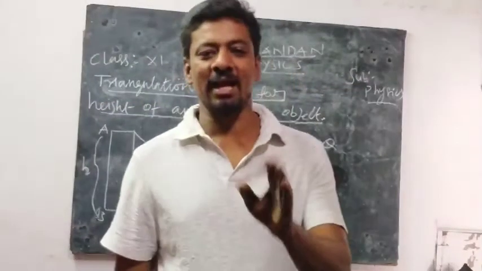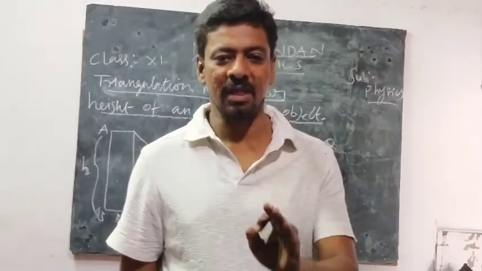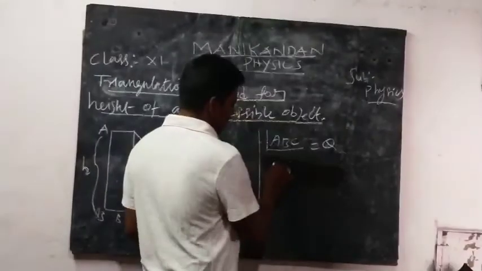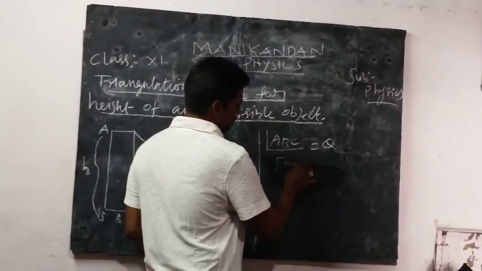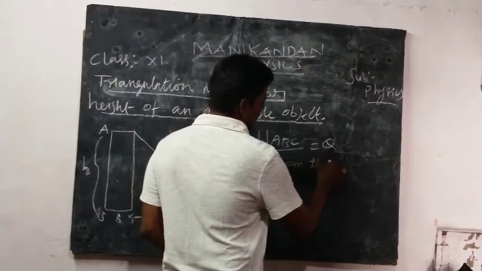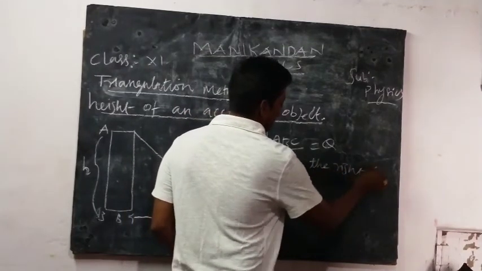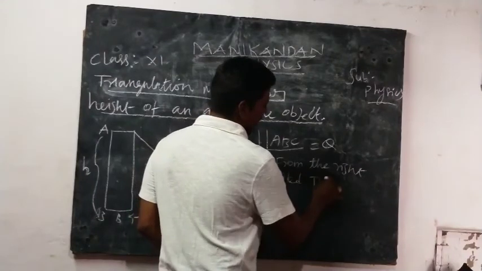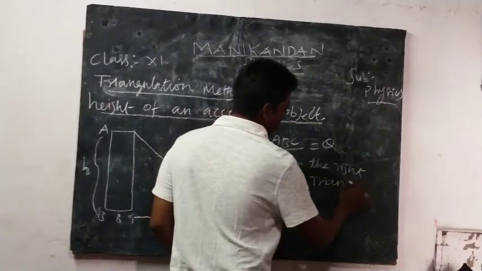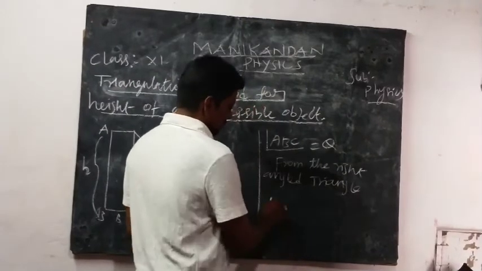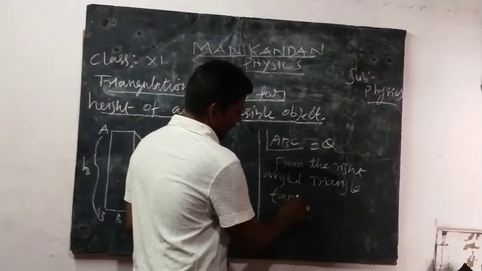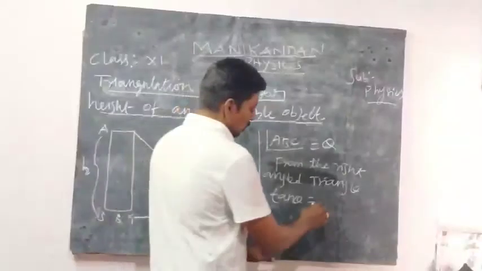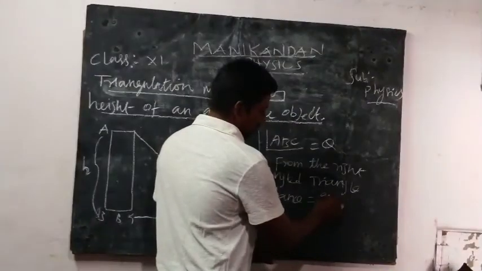From the right angled triangle, tan theta is equal to opposite by adjacent.